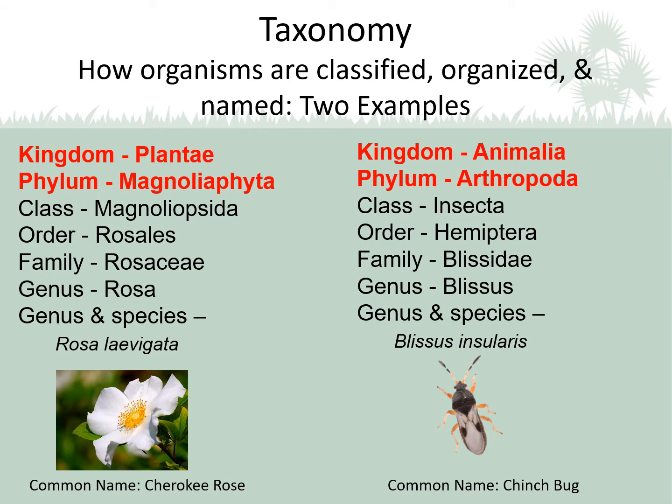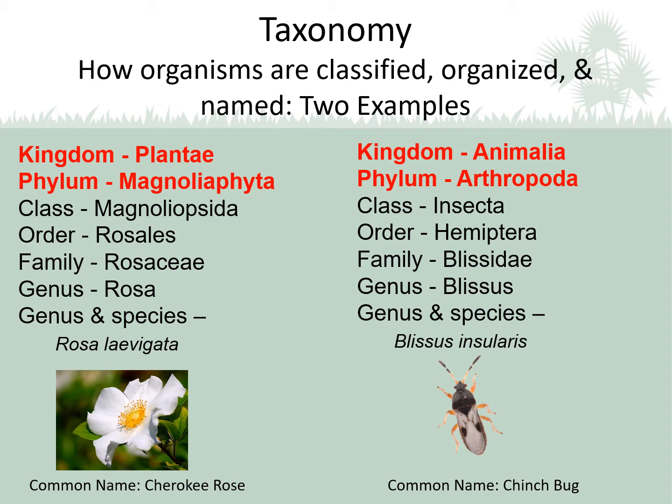Taxonomy is more or less the science and the art of naming organisms in a systematic way, and usually it's done by going through a dichotomous key. Let's say for a flower or a plant, we see there's a kingdom in the upper left hand corner here. There's phylum, class, order, family, genus, and species.